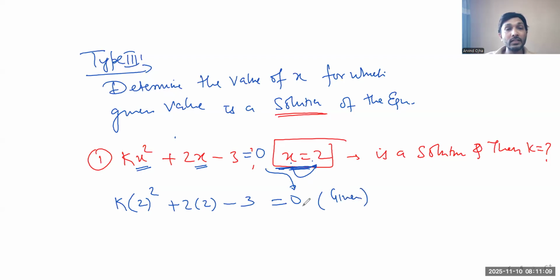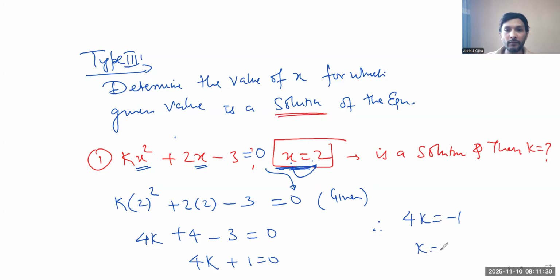Okay, so we are considering the right hand side also. When we solve the left hand side, we get 4k plus 4 minus 3 is equal to 0. So this turns out to be 4k plus 1 is equal to 0. So therefore 4k will become minus 1. So k value will become minus 1 by 4.